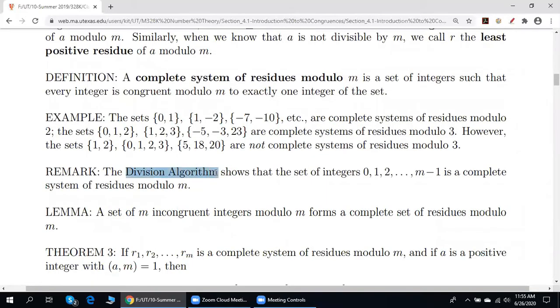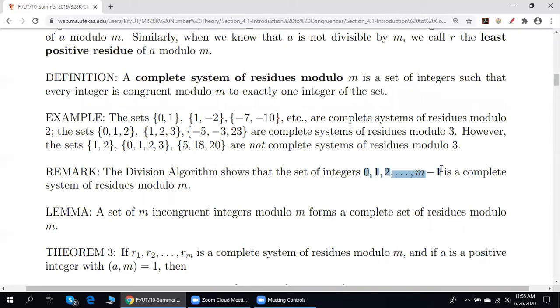By the division algorithm, the set of integers 0, 1, 2, and so on, m minus 1 is a complete system of residues modulo m. So guys, there are infinitely many complete systems of residues modulo m.